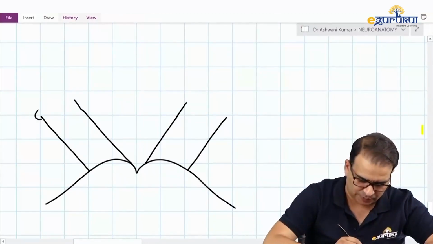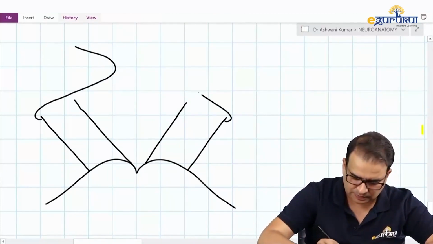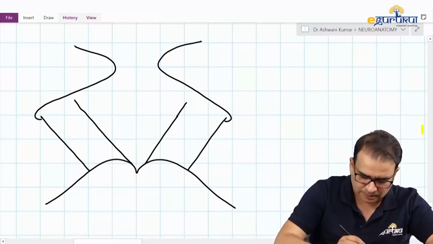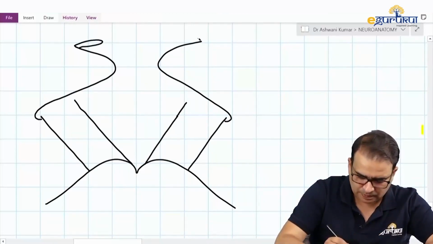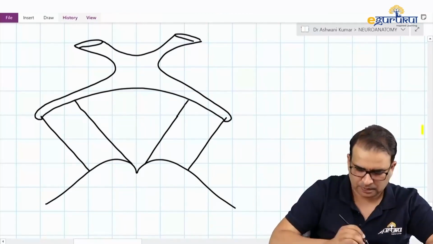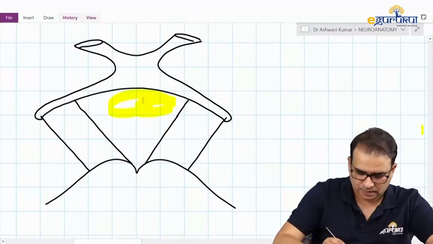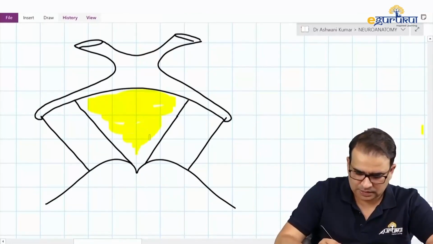So this is the optic tract and chiasm. That is the fossa in between, the interpeduncular fossa.